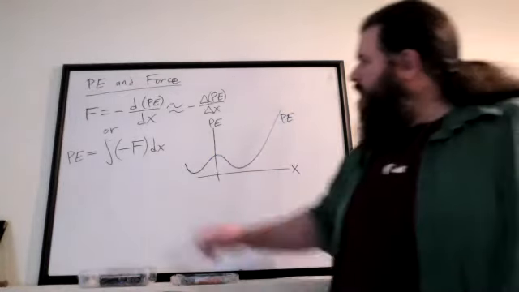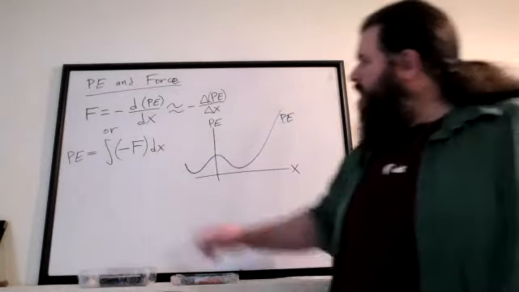But we've got some other different kinds of equilibrium. If we actually draw in some forces here, in this region, we've got a negative slope, so we get a force to the right. In this region, what do you notice about the slope? In this region here, as we go from left to right, the function seems to be increasing.